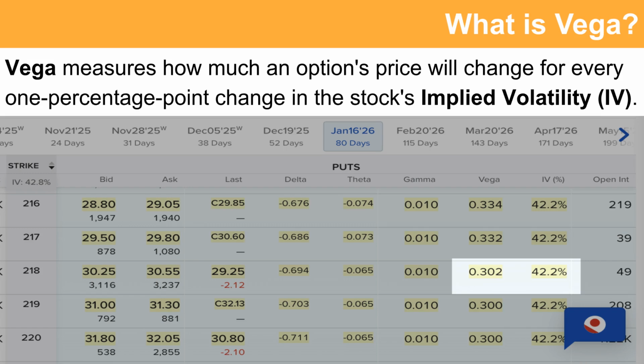You can see on our option quote screen here for NVIDIA, for our put option, the current implied volatility is 42.2%. If that changed by 1%, you can see the Vega figure beside it is 0.302. So for every 1% change in implied volatility, the value of our option will actually move up or down by $30.20 per contract. That's how important implied volatility is to an option's price.